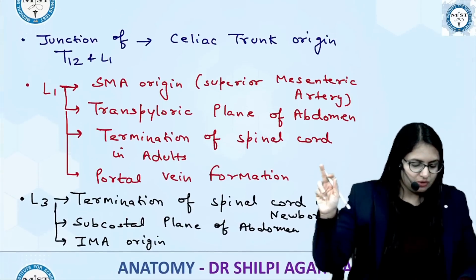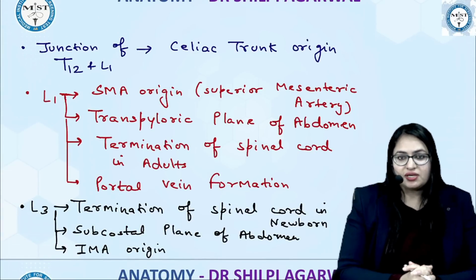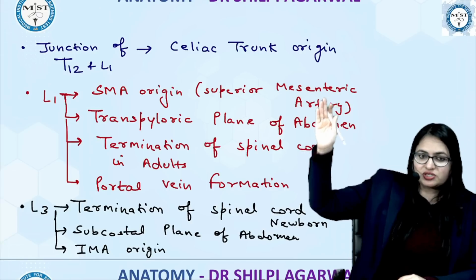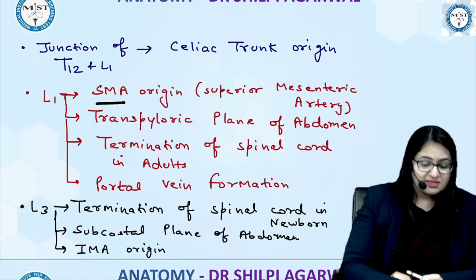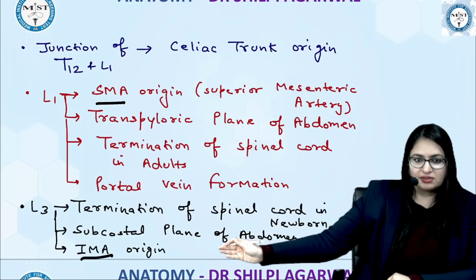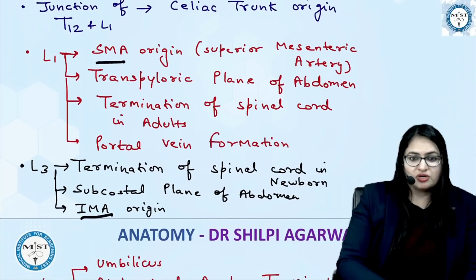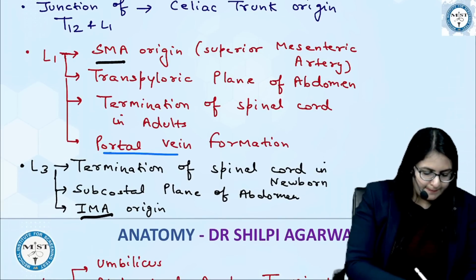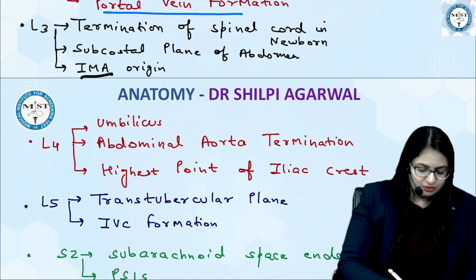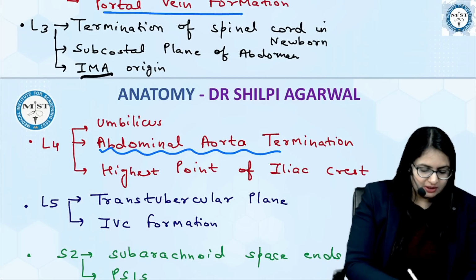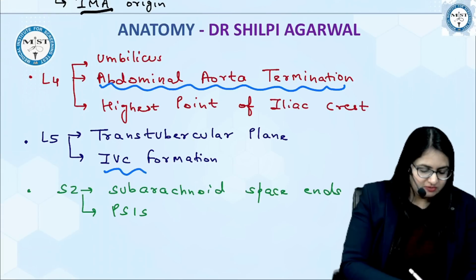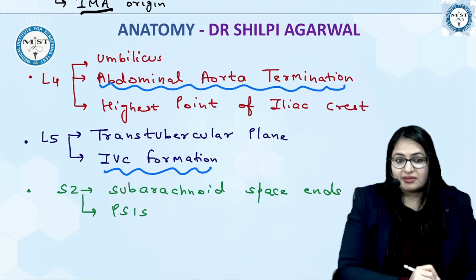And now let us come back over here again. In this, the other additional points are for artery origins: the celiac trunk arises at the T12 and L1 junction. Superior mesenteric artery arises at L1. Inferior mesenteric artery arises at the level of L3. Right? Then as we are talking about veins, portal vein formation is at the level of L1, and very, very important over here, abdominal aorta termination is at the level of L4, and IVC formation is at the level of what?